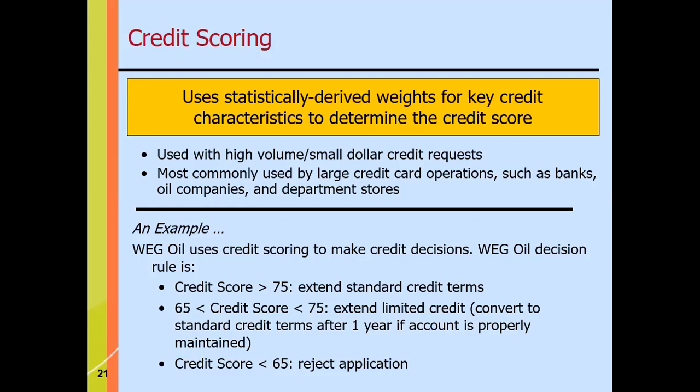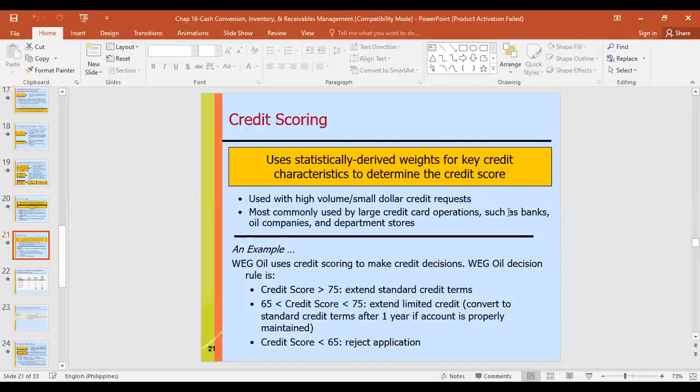However, in the event that the account is properly maintained, we convert that to standard credit terms after 1 year. And finally, if the credit score is less than 65, we are going to reject the application. What about if equal to 65? So I suppose it is on the second, extend limited credit.